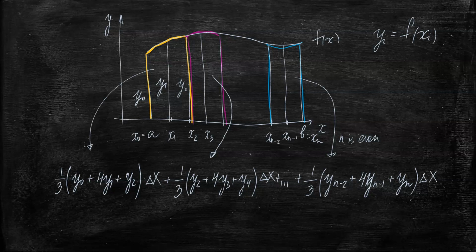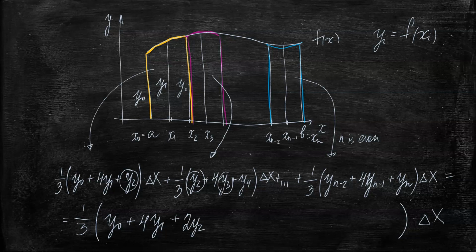And as you can tell, all of these expressions have a lot in common. So what we can do with all of them is we can take out 1/3 and we can take out delta x. And what's going to be left is we're going to have one of the first y, then we're going to have 4 of the next one, and then the next one we're going to have 2 of.